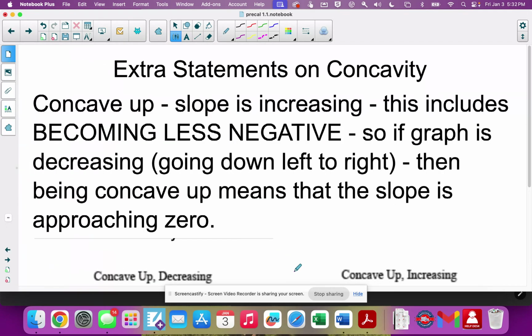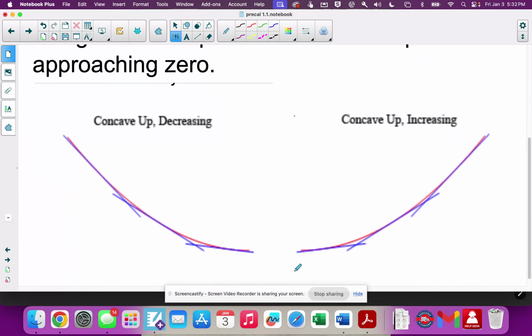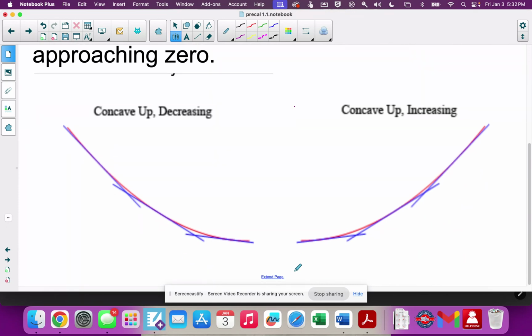Okay, so that's what I've already said. Basically, if the slope becomes less negative or the slope is approaching 0, that means it's concave up. And again, there's some good pictures that I've included with this, just so that you can actually see.